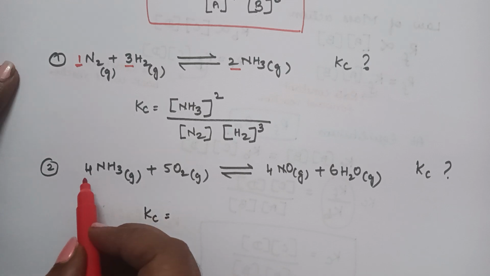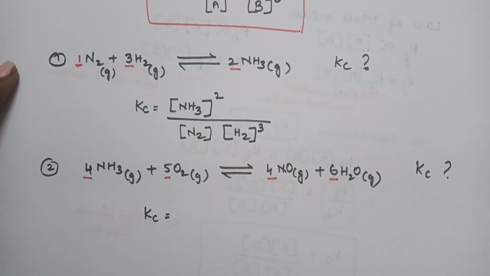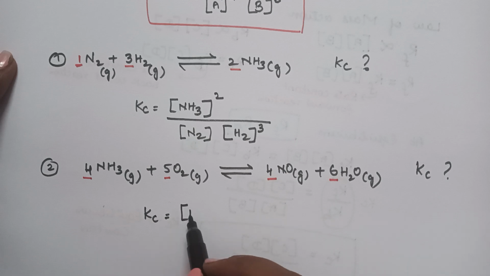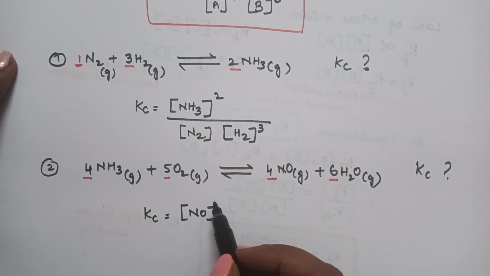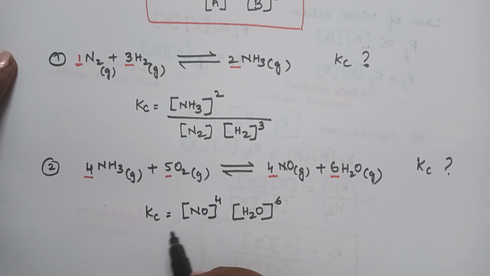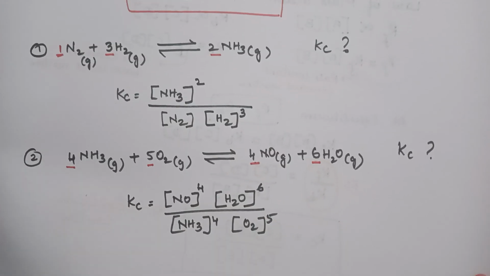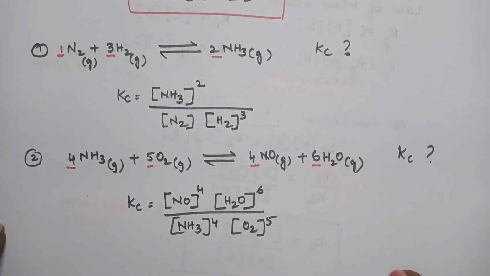The stoichiometric coefficients are 4, 5, 4, 6. Write the product NO with its stoichiometric coefficient in the power, next H2O with power 6, divided by ammonia power 4 and oxygen power 5. So this is the Kc expression for this equation.